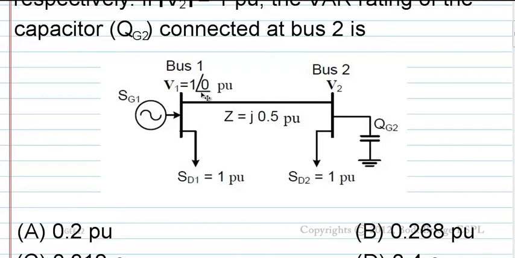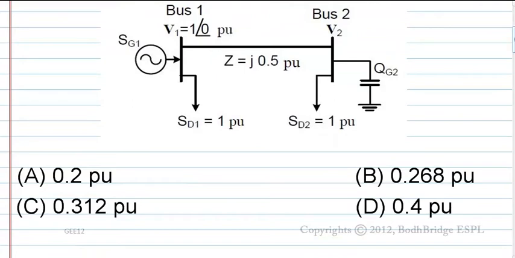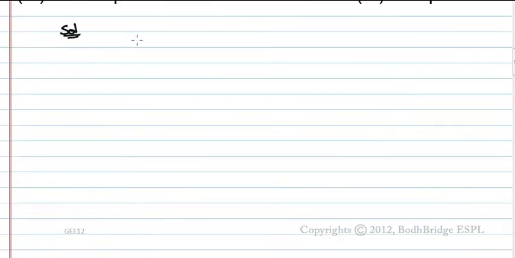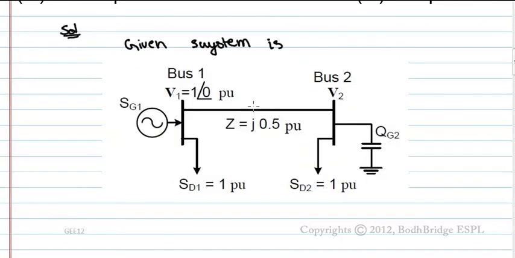Voltage at bus 1 is 1 at an angle of 0 per unit, and the options are A 0.2 per unit, B 0.268 per unit, C 0.312 per unit, D 0.4 per unit. Solution: the given system is shown here, and let us take the current from bus 1 to bus 2 as I12.